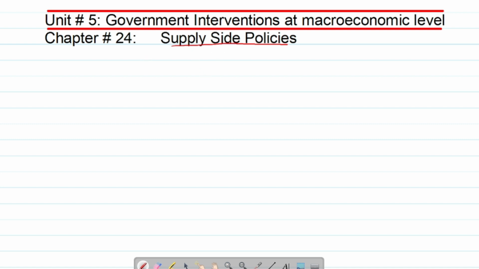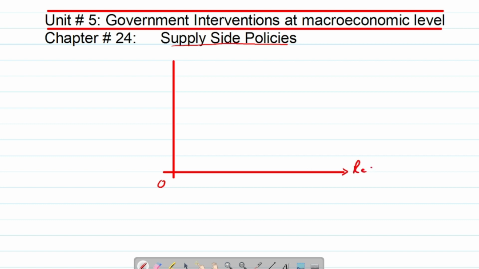So now moving to the description of supply side policy. When supply side policy is effective, it increases aggregate supply in the economy, and when aggregate supply increases, it achieves multiple macroeconomic objectives. So you can look into this graph.